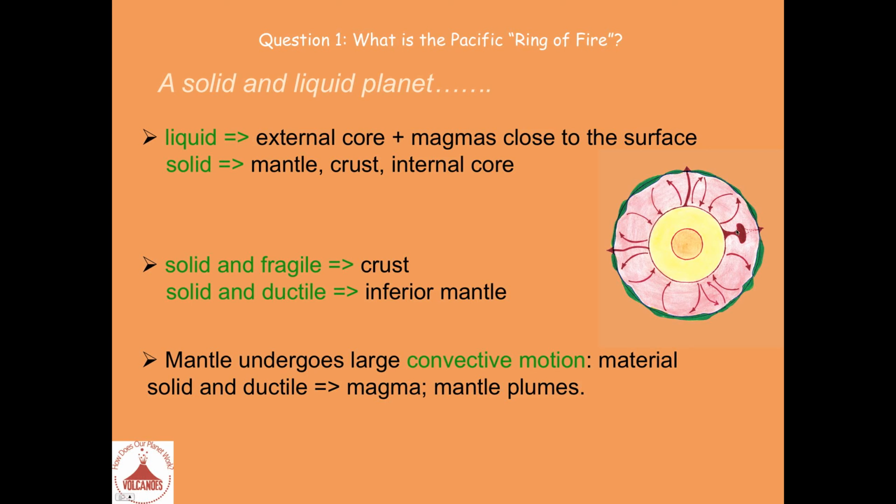Mantle plumes, which have the shape of a mushroom, consist of some mantle material at the bottom of the mantle, which goes up to the surface and will eventually melt to create magma.